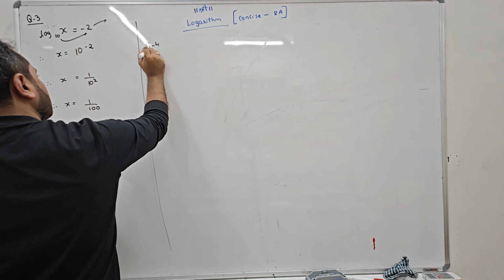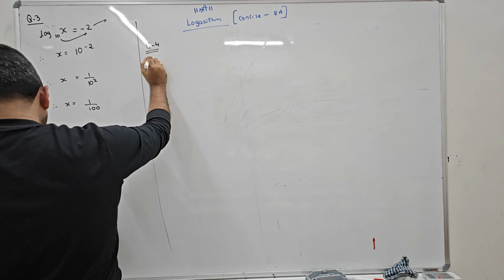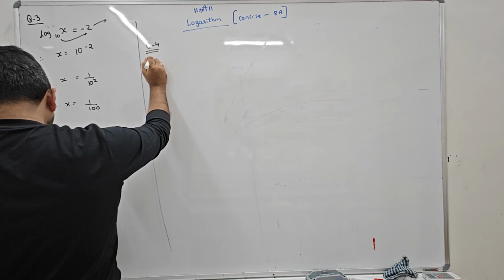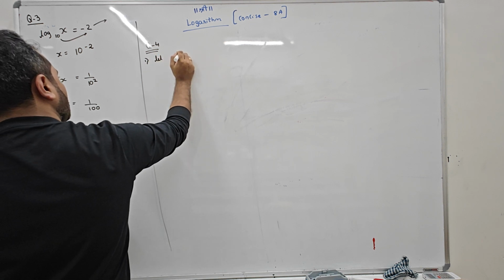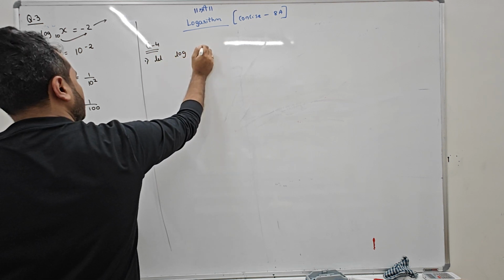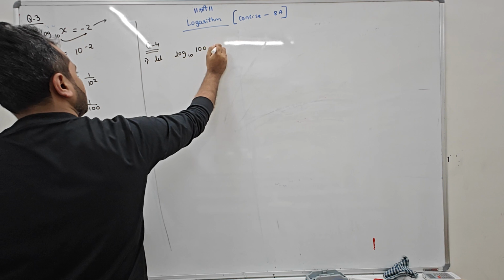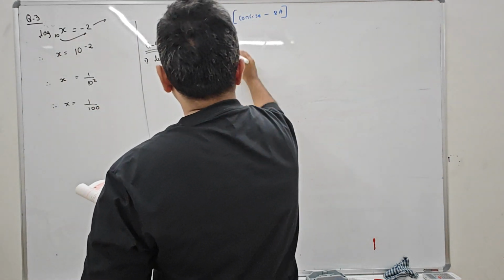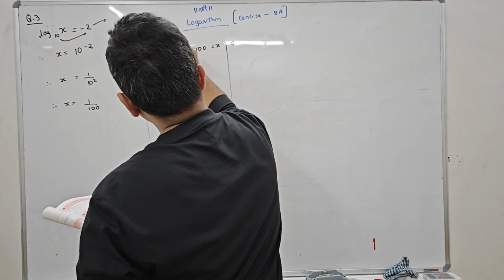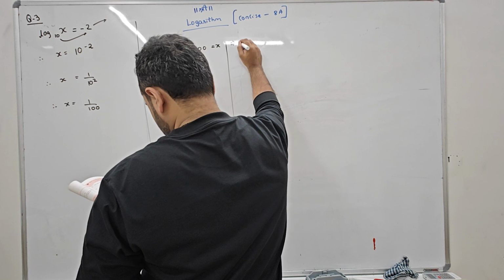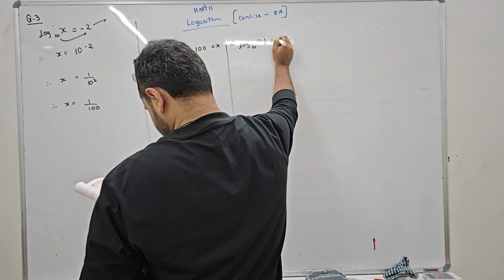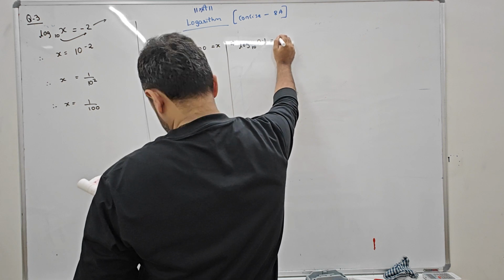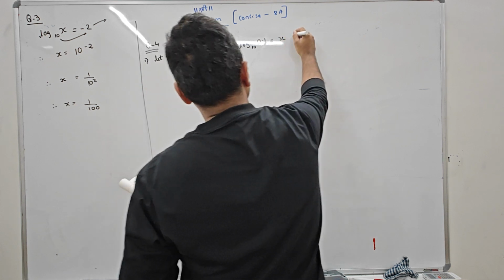Question number 4 has some parts. Find the logarithm of 100 to the base 10. Let log of 100 to the base 10 be x. Second, let log of 0.1 to the base 10 be x.